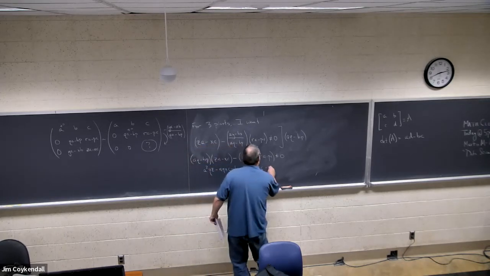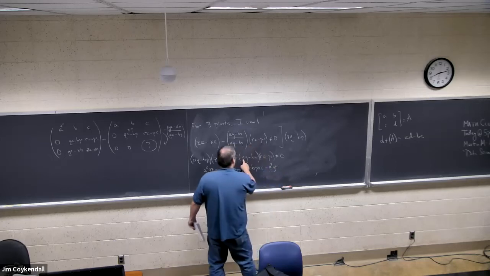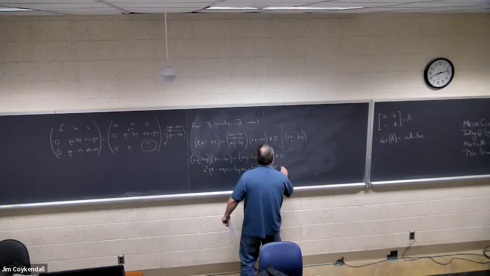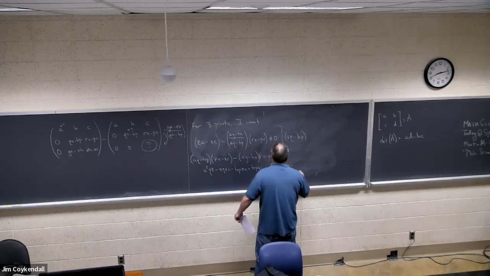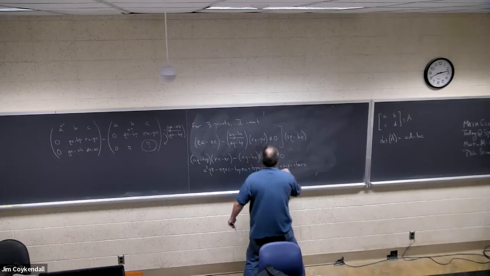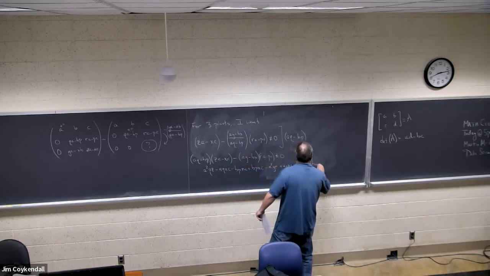I get minus A squared YR plus AYPC, and that will be plus BXRA. And finally minus BXPC.